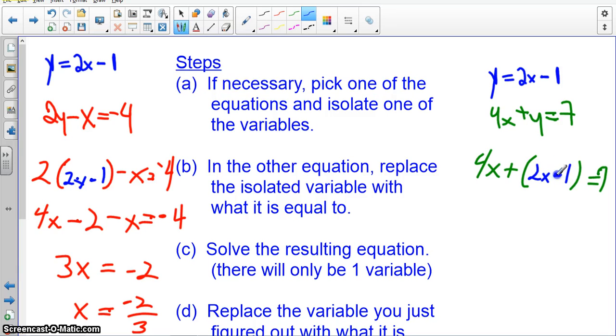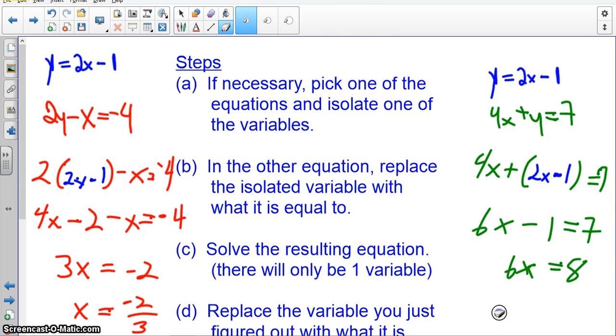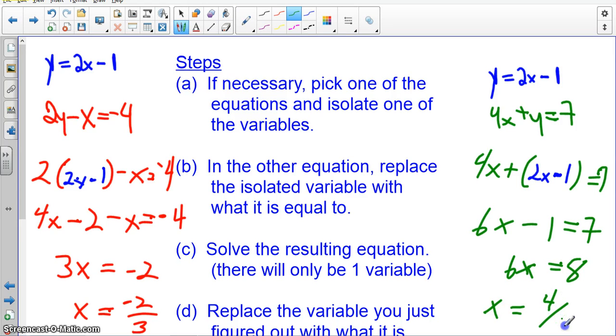Okay. And then that means we have 6x minus 1 equals 7. And divide both sides by 6, you get x equals 8 over 6, which reduces to 4/3.